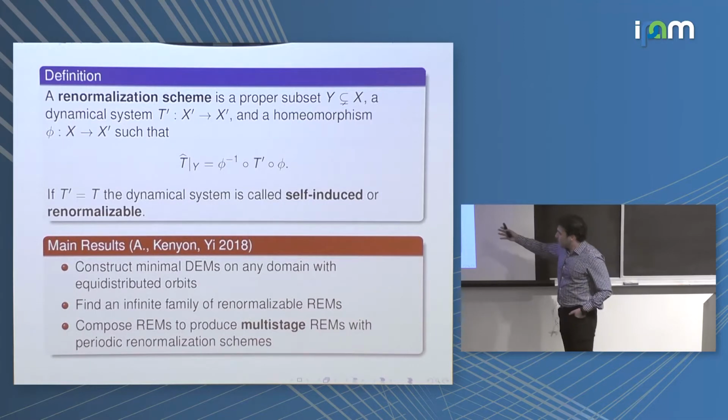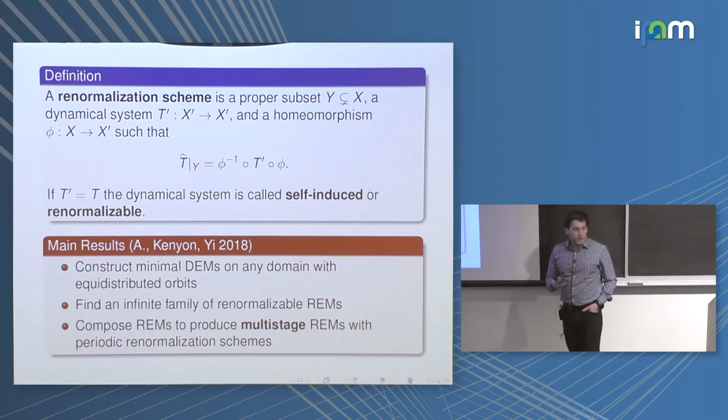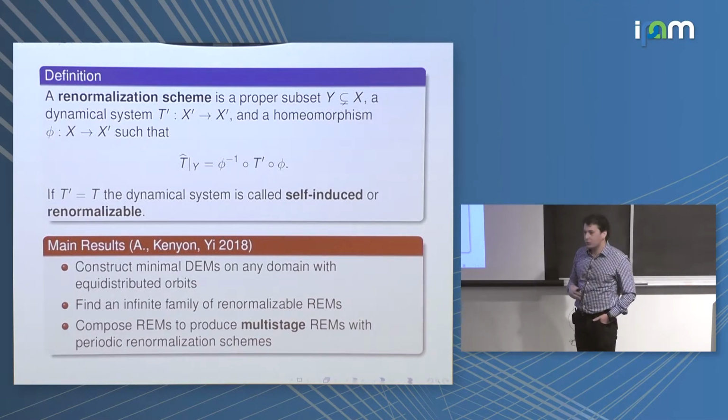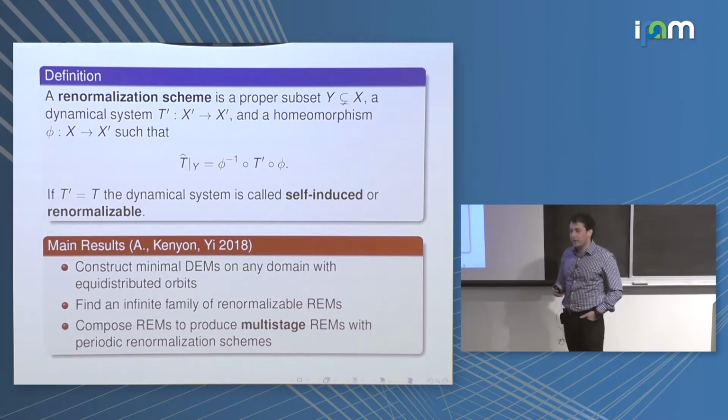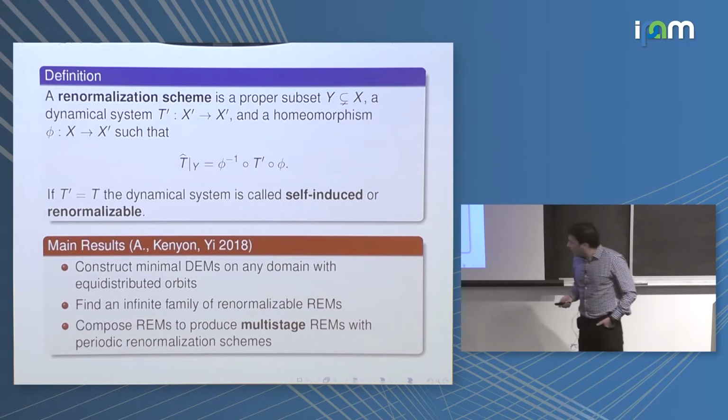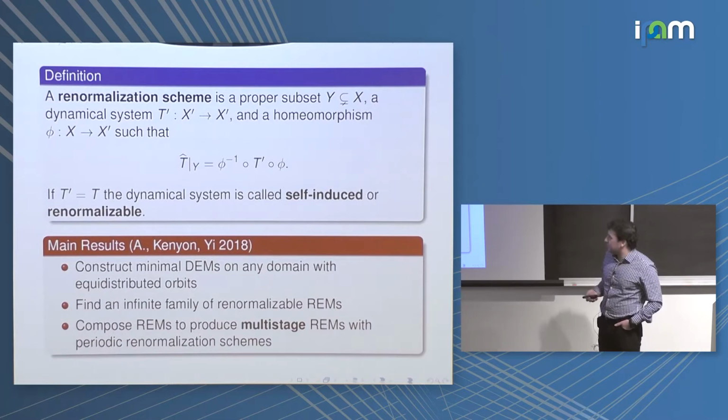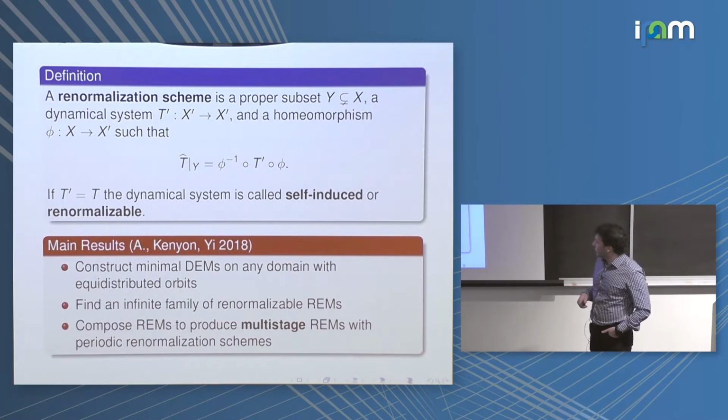So we have three main results. We give a method for constructing minimal domain exchange maps on any domain, which have equidistributed orbits, that is, equidistributed with respect to Lebesgue measure. And then we find an infinite family of renormalizable REMs, meaning that we've found a renormalization scheme for an infinite family of these.